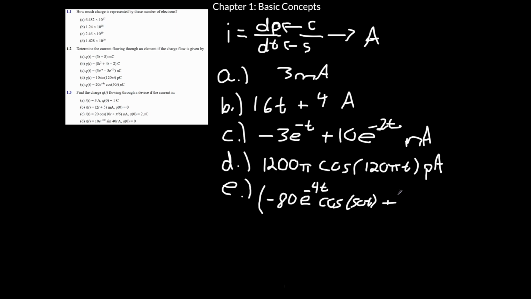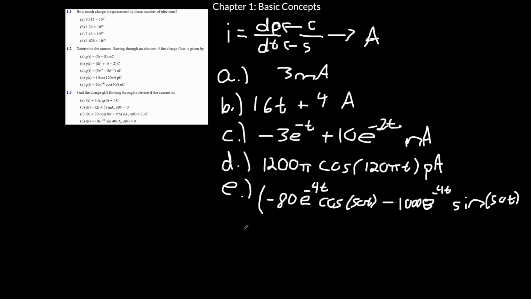and this is going to be added with 20 e to the negative 4t, and actually we'll turn this 20 into 20 times 50, which is going to equal 1000 e to the negative 4t, and then cosine will turn into negative sine. So get this sign checked right here, negative sine 50t.